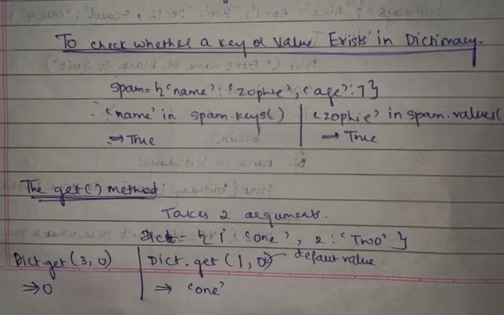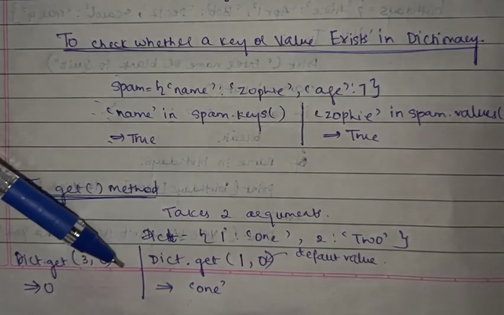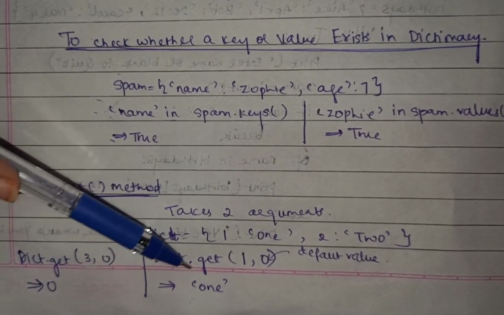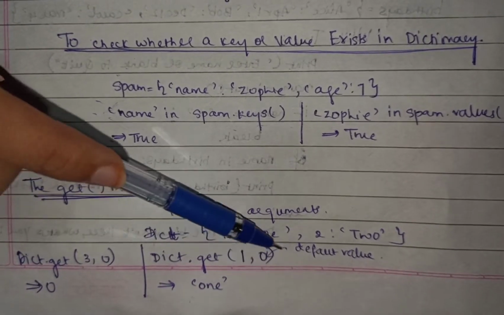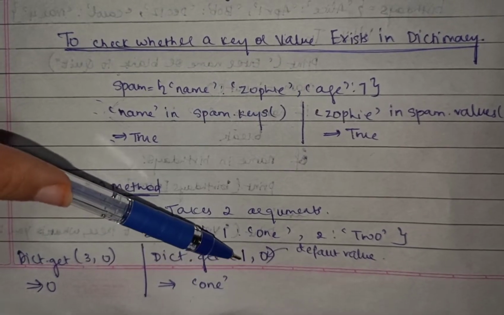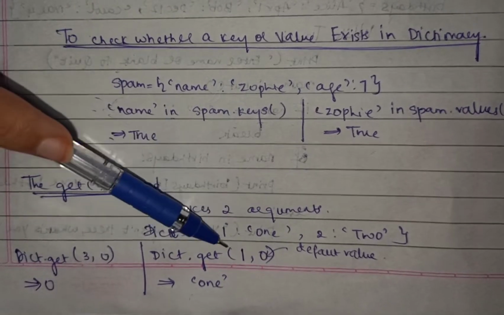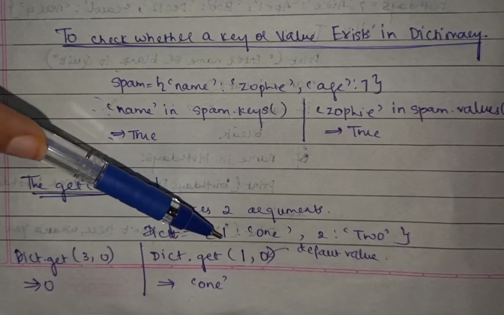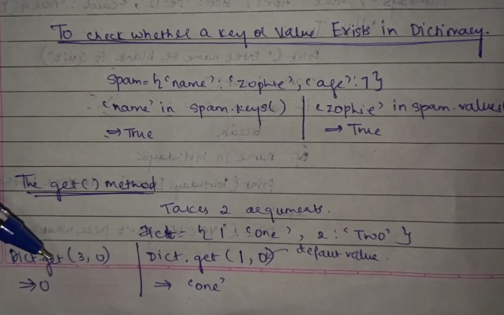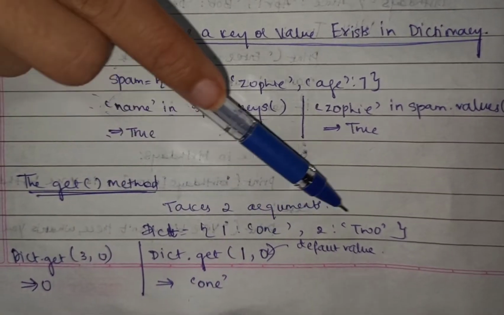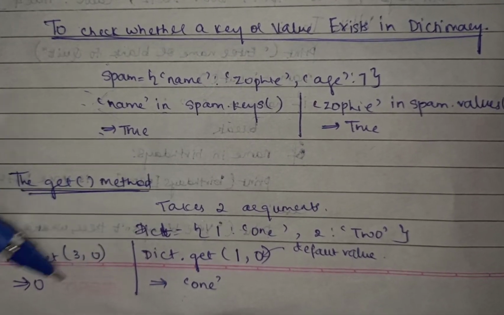Suppose in this example you have a dictionary dict, and you specify dict.get, and within the method the key, that is 1, comma 0. This is the default value you will be setting, and since 1 is present in the dictionary, it will return the value associated with the key 1, that is ONE. Suppose dict.get 3, comma 0. Since the key 3 is not present in the dict, the default value, that is 0, will be returned as output here.